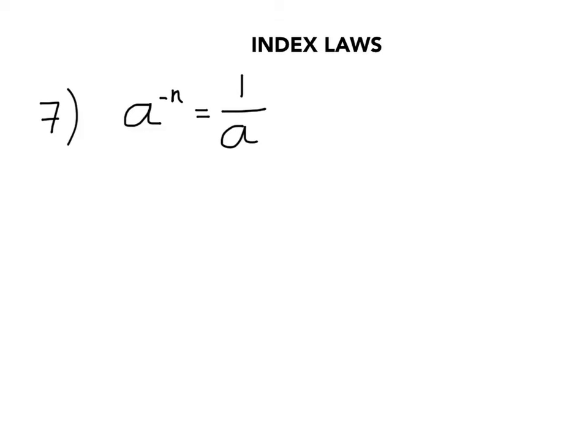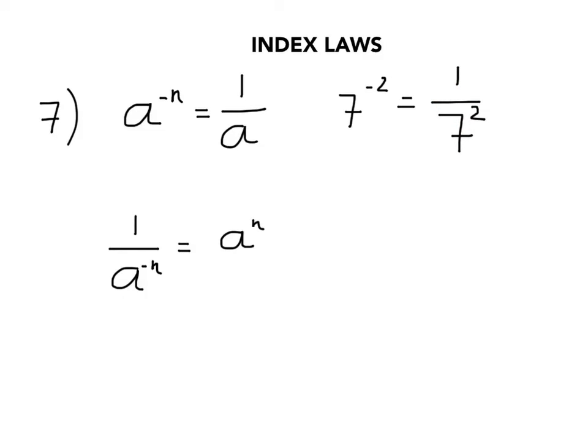The last law tells us that when we have a negative exponent, like in this case a raised to the power of minus n, we should consider the base as the denominator of a fraction. So a to the power of minus n equals 1 over a to the n. For example, 7 to the power of minus 2 is equal to 1 over 7 squared.